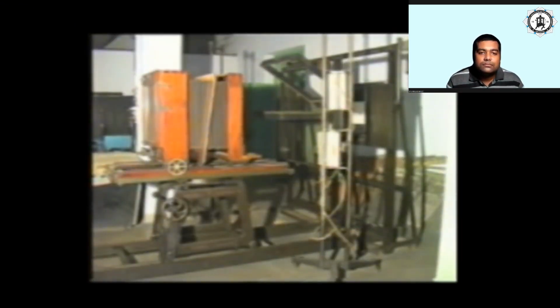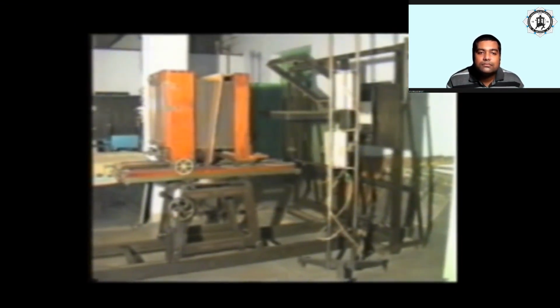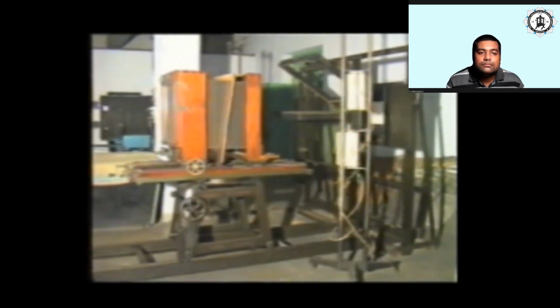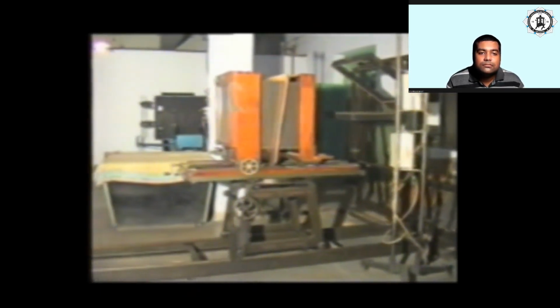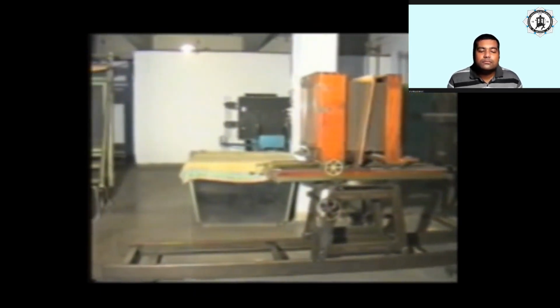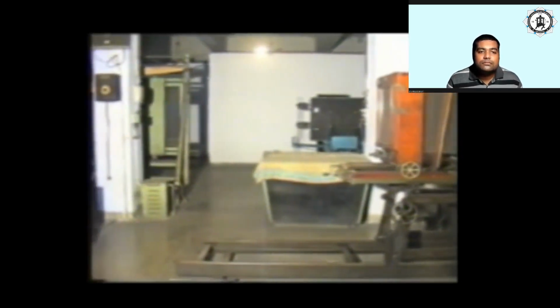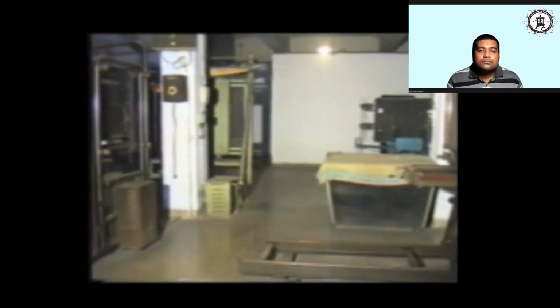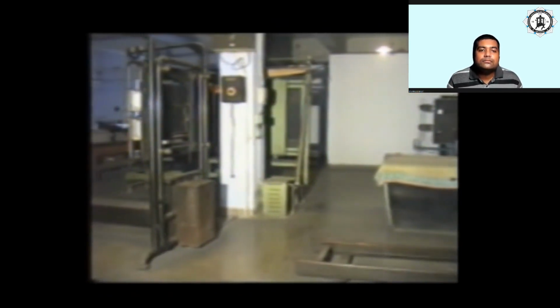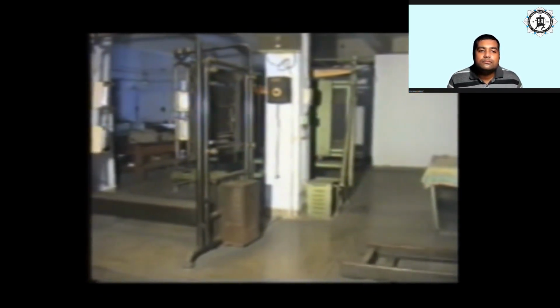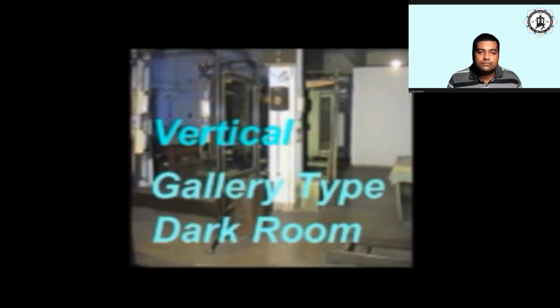Camera department. Variety of cameras are available. Vertical camera, gallery type camera, darkroom camera, etc. Whatever may be the type, the basic working principle is the same.